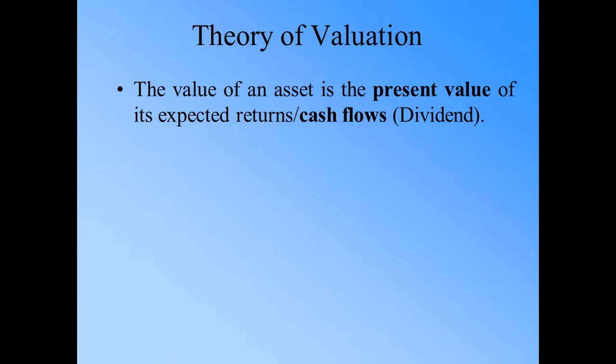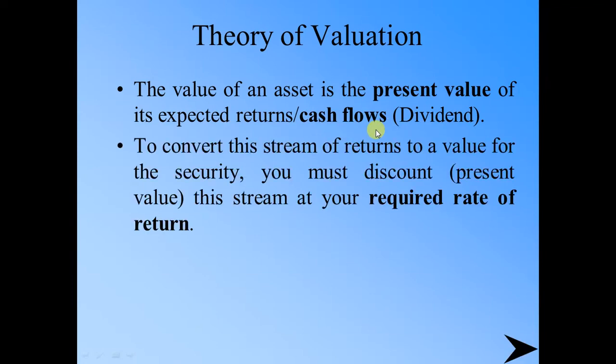So the expected cash flow associated with a common share is a dividend, and finding the present value of this expected dividend means the valuation of the common stock. So you are supposed to convert this stream of returns to a value for the security.